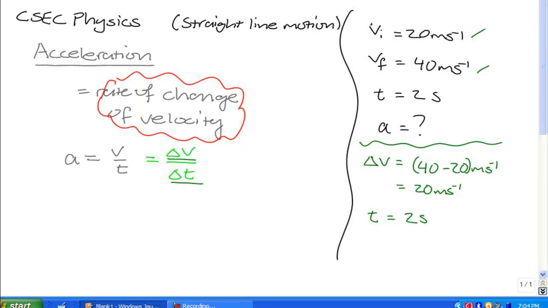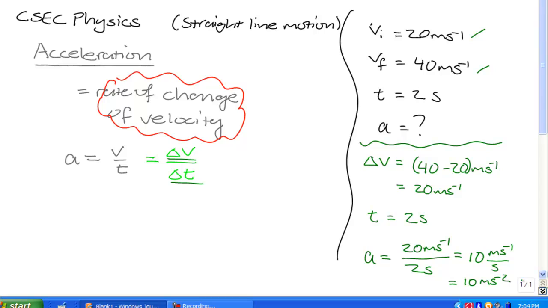So the acceleration, a, is equal to 20 meters per second divided by 2 seconds, which gives you 10. And the units now are meters per second divided by second, which is equivalent to units of 10 meters per second squared. Right?